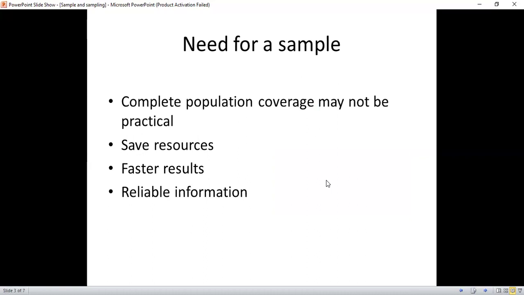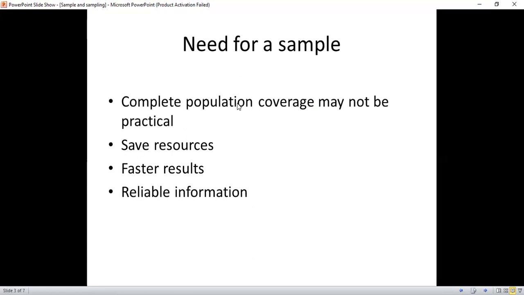The need for a sample, starting with what we just stated, is first that we sometimes cannot practically administer any kind of intervention or tool to come up with research results on the entire population. Whole population coverage is not a practical solution most of the time.